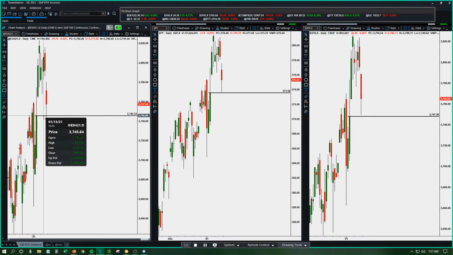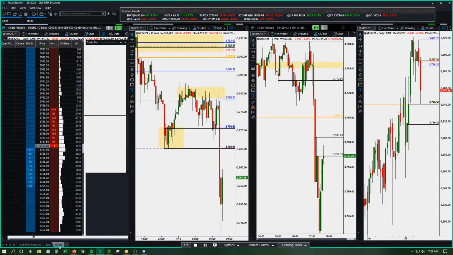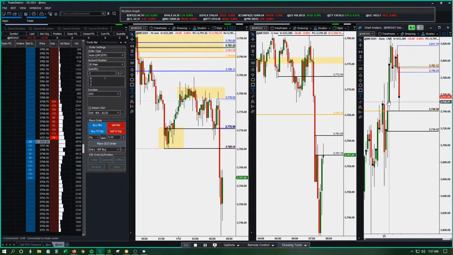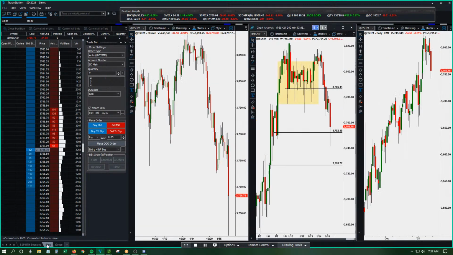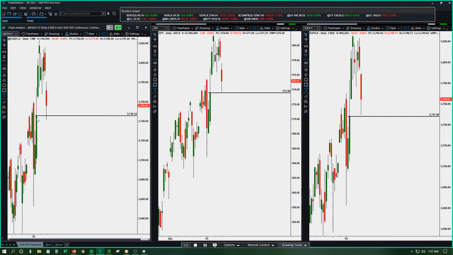45-ish, 45.50. Pretty close to our continuous chart level of 40.50. And that's why we got a bounce.